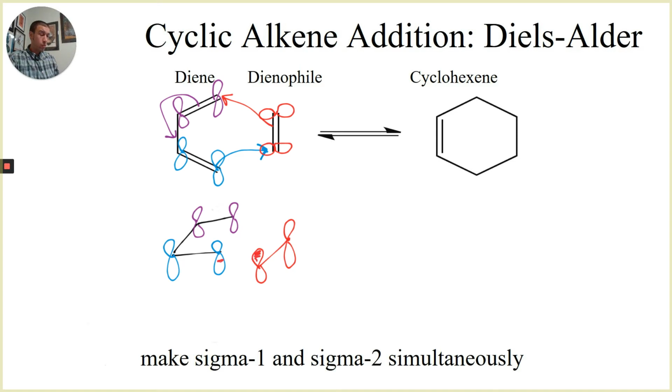These p orbitals need to overlap with each other, which means they could either overlap from under the diene, or they could overlap from above, which means we do get two potential products coming out of these. Just like with all of our addition reactions, we get the potential for multiple products because we're reacting a pi bond, and pi electrons are both above and below the plane of the molecule.